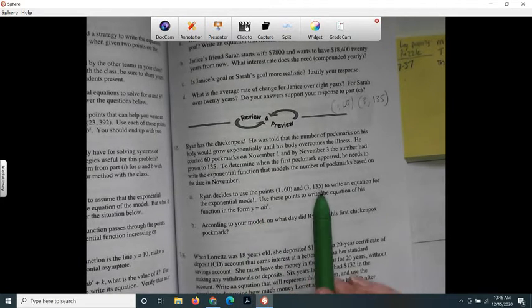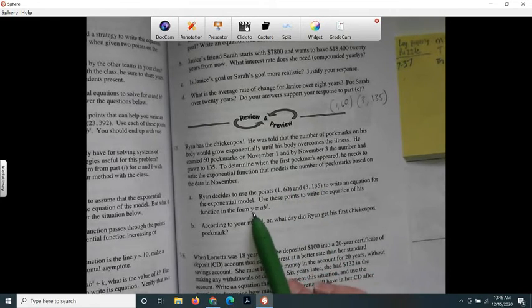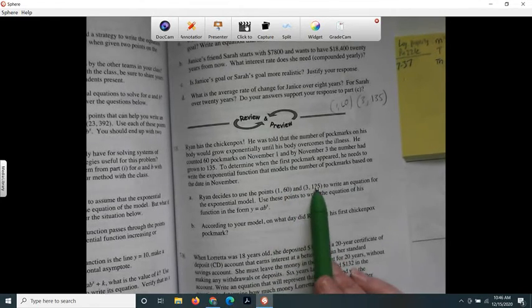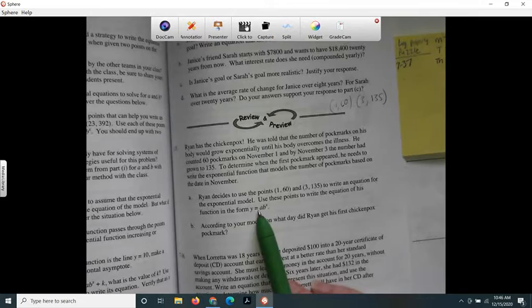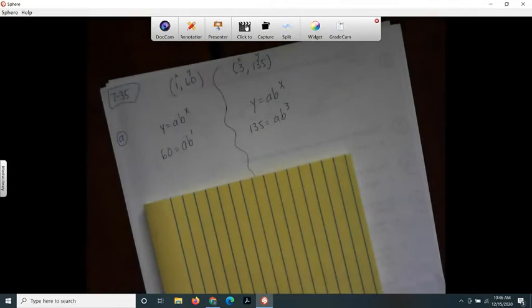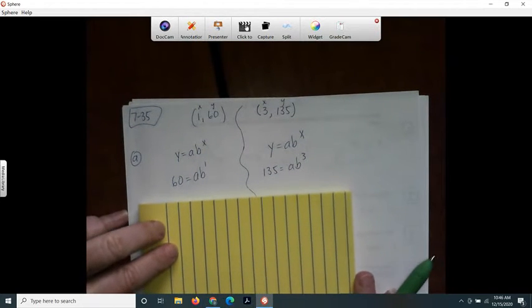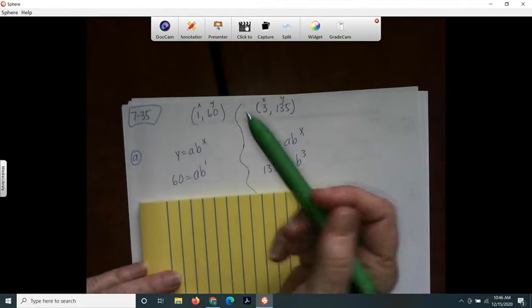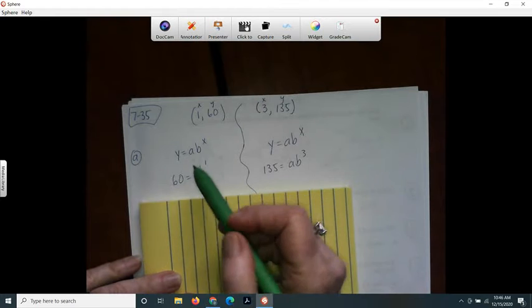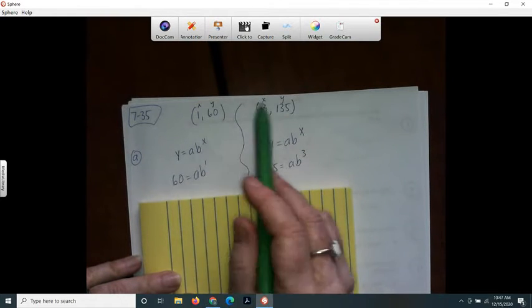I'm not sure if you would just pick up easily on how to use these two ordered pairs to get the equation, so I'm spelling it out for you here. You're going to have to do this a lot. We know it's y equals a times b to the x, and you have two different ordered pairs.